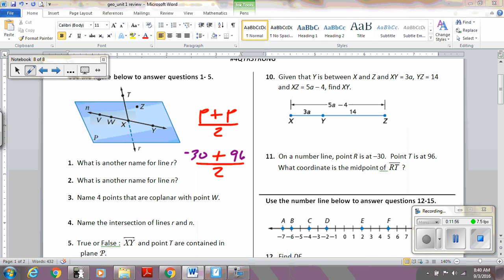So the midpoint would be 33. Please show your formulas. When I say show your formulas, I want to see this before I see your final answer.